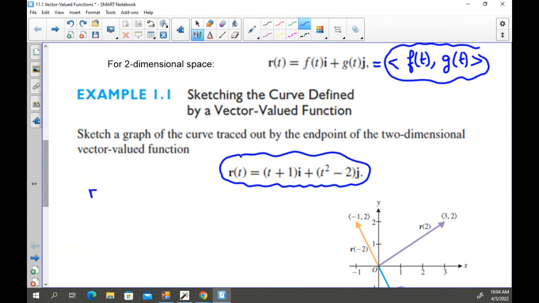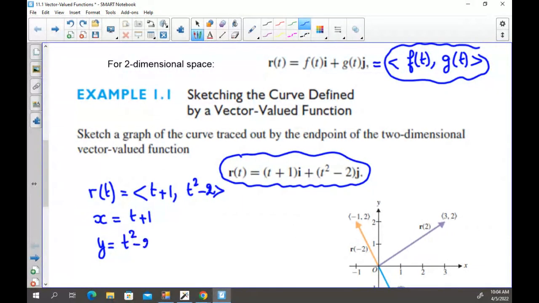So r(t), what is the first component of this function? t plus 1, yeah, t plus 1 is the f, and what is the second component? t squared minus 2, yeah, like this. So think about this, the x component of this vector, what is the x component? t plus 1, okay, good. The y component is t squared minus 2.